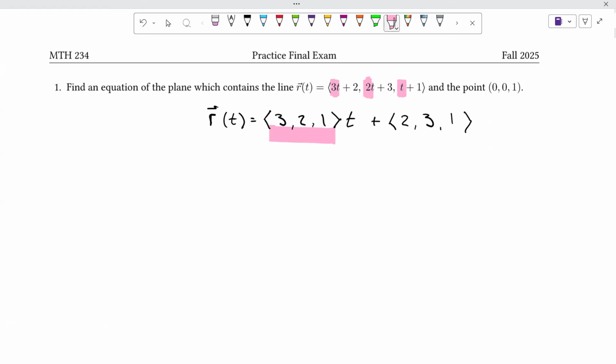So I've got a direction vector for the line, just based on the coefficients for t. And on the other side, this (2, 3, 1) creates the other point that's on the line.